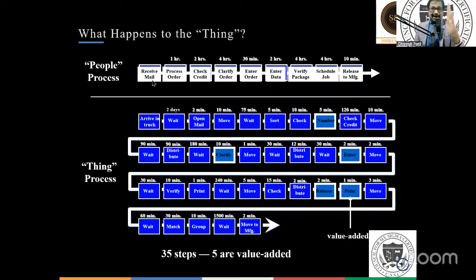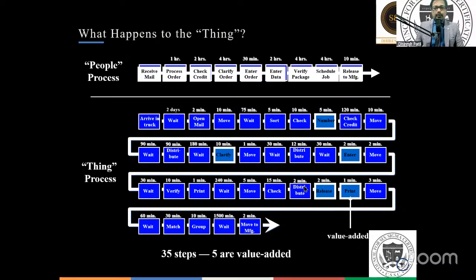As soon as the truck arrives, similarly, they receive a mail in the system that the truck has arrived, this much quantity of material is there. So they process the order, check the credit, clarify the order, enter the order, enter data, verify the package, schedule the job, release to the processing, the manufacturing. So all these things happen with the people, and what is happening to the material is mapped over here.